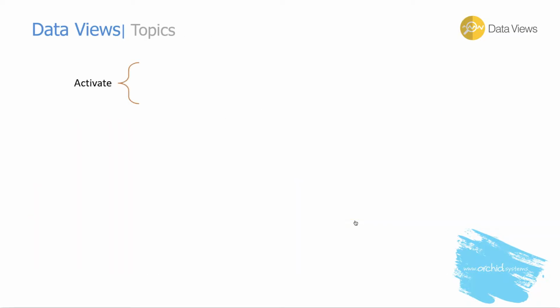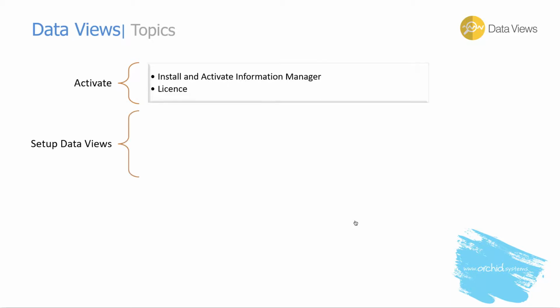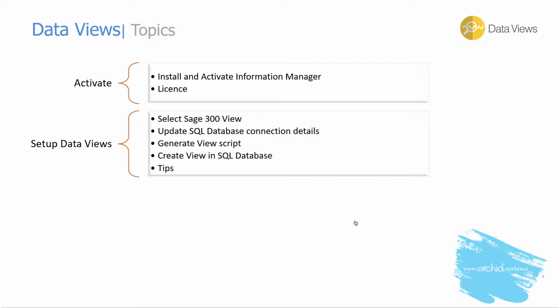The topics we're going to go through today are how to activate data view, which is part of Information Manager, and check the license. Set up data views, selecting which Sage 300 view/table/module we want to create data view for. Update the SQL database connection details, generate the actual view script, and create the view in the SQL database.